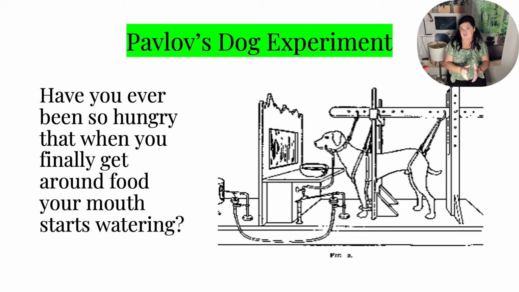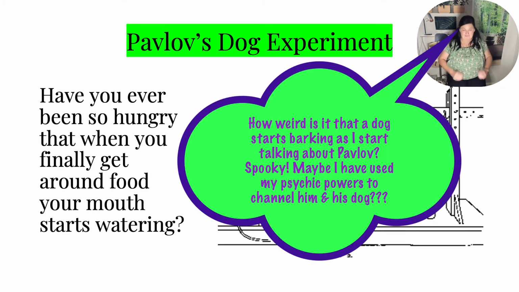Well, Pavlov had this famous experiment where he believed that you could train a dog to hear a bell. As long as he hears the bell, he's going to associate that with something good. So Pavlov believed that you could train a dog just using a couple of pieces of kibble and a bell, okay?